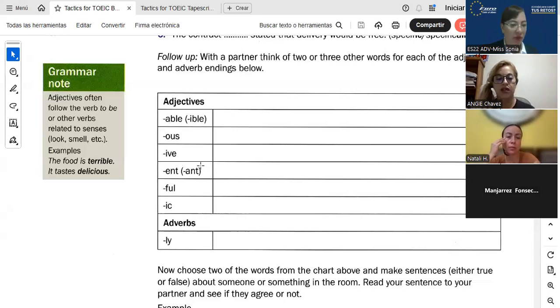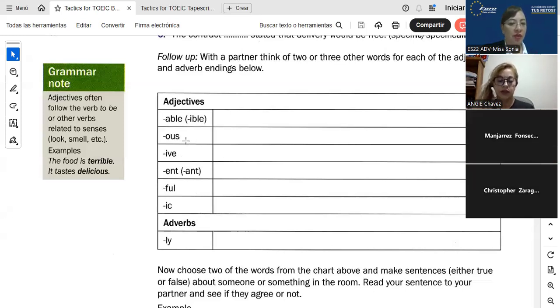Conscientious. Confident. Okay, confident. Conscientious, thank you. Attractive. Supportive. Wonderful. Christopher, wonderful. Fantastic.